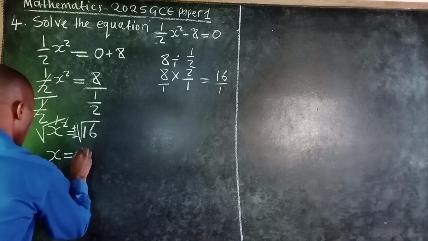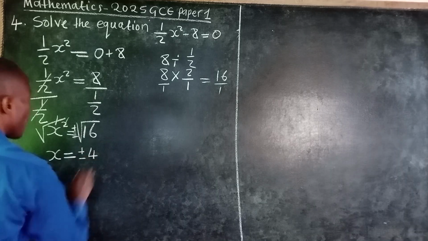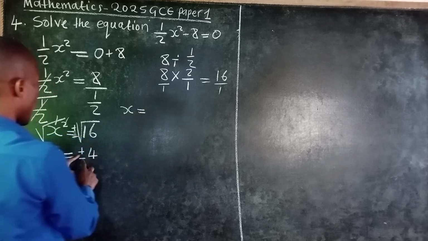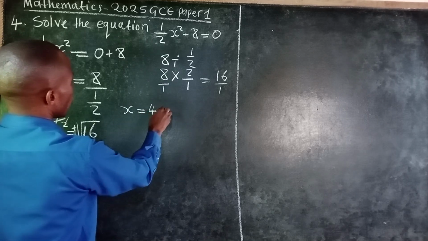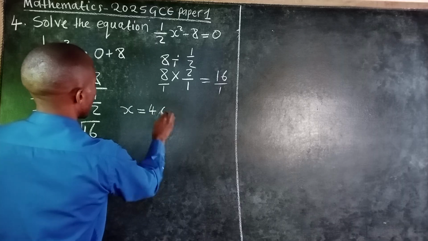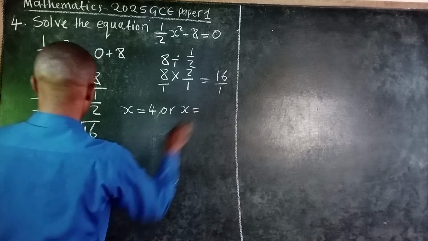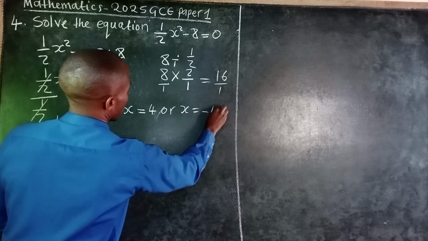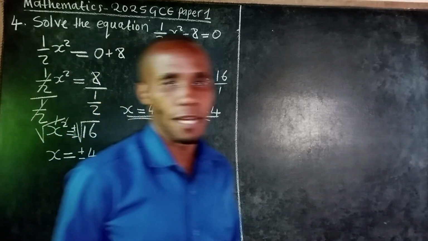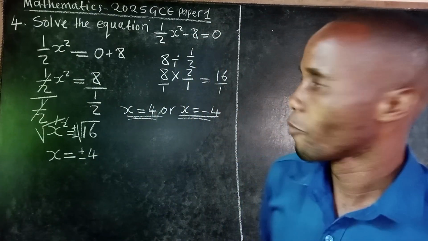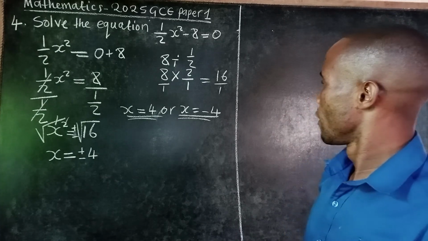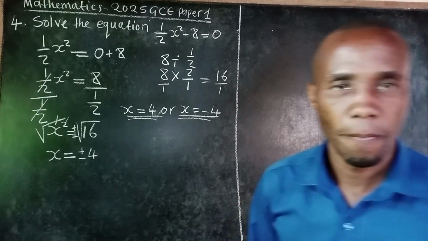Positive or negative what? 4. Therefore, the final answer now, you say x is equals to, you start with positive, x is equals to 4, or, because you have two answers, or x is equals to negative what? Negative 4. Hence, the final answer. So this is how we solve the equation. Okay, simple as that.